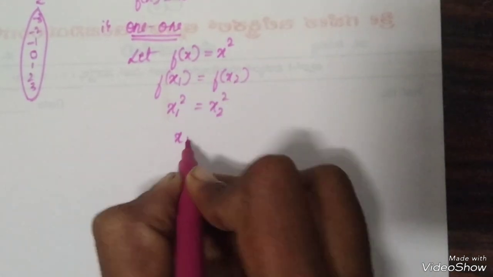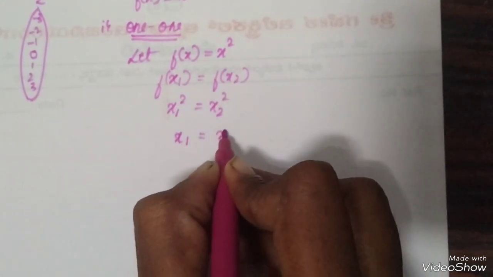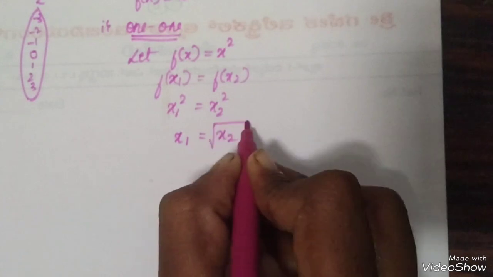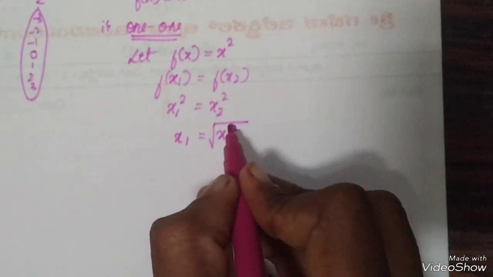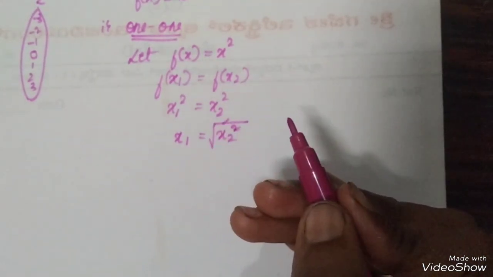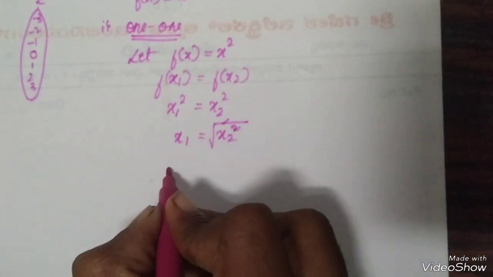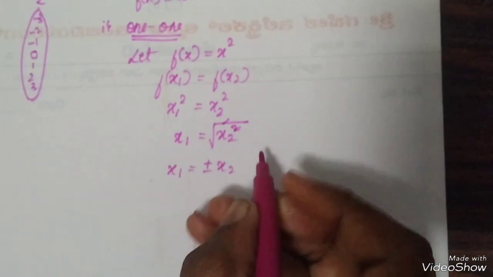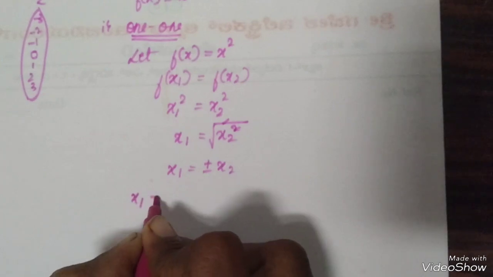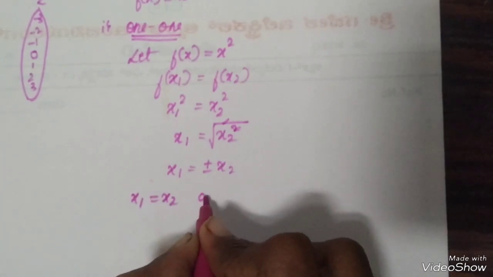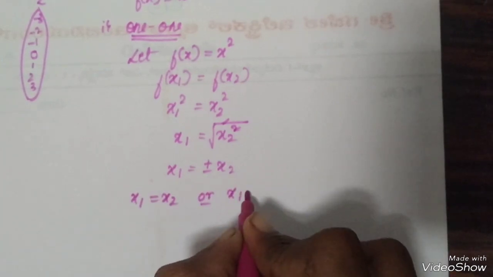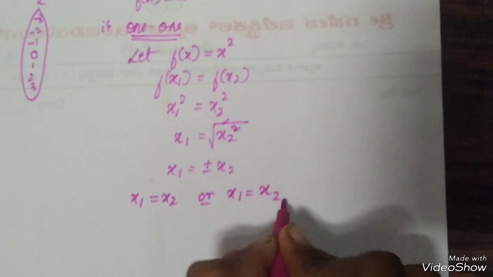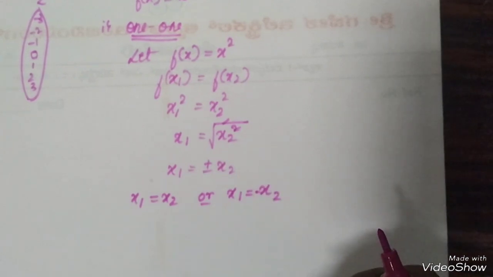Then x1 equals the square root of x2 square; the square root gets cancelled. Here x1 equals plus or minus x2, that is, x1 equals x2 or x1 equals minus x2.